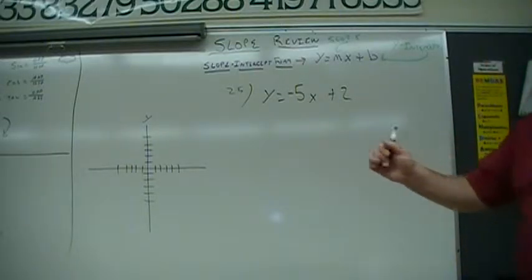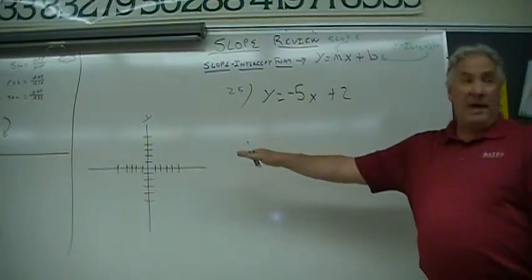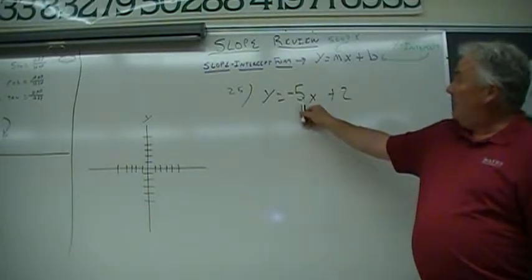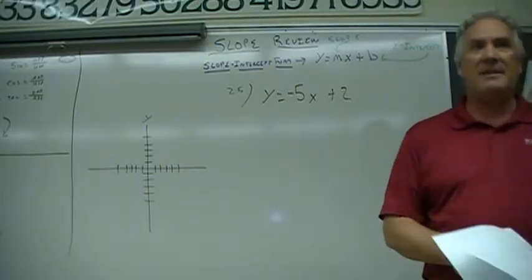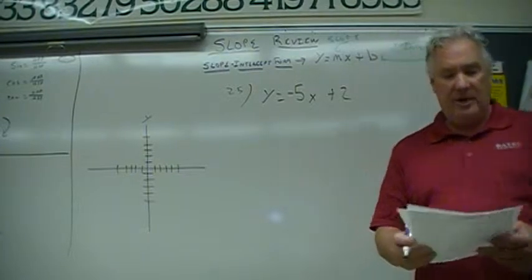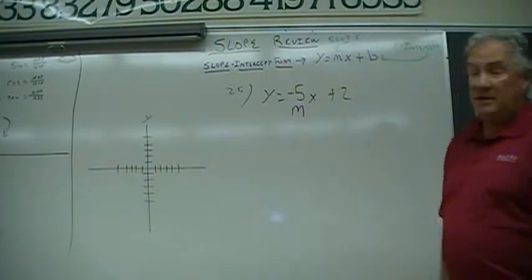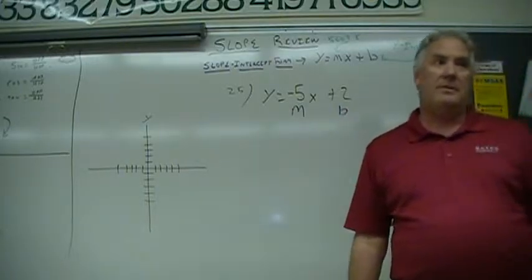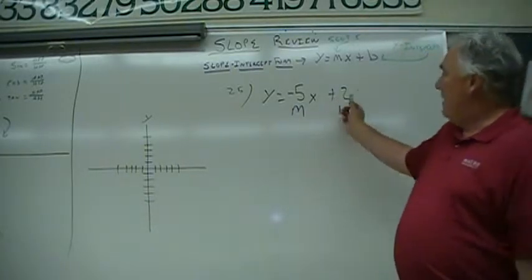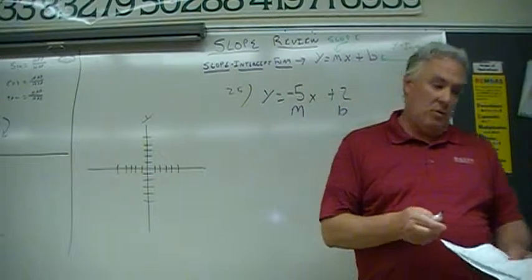And we're going to use y equals negative 5x plus 2 to graph it as well next. So that's our slope and that's our y-intercept. That's what they're asking you in number 25. The directions say identify slope and y-intercept. That is your slope. That is your y-intercept. Okay? So that's the line that can be shown as a graph on the coordinate plane.